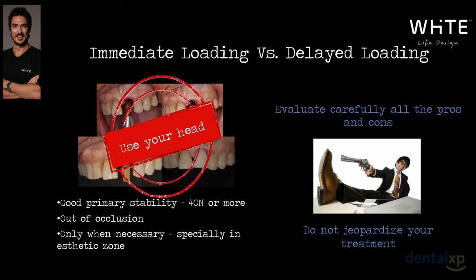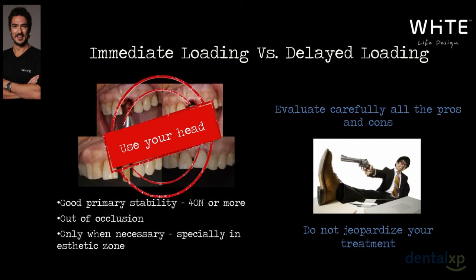If you only have 8 or 9 millimeters of bone, which of course is rare in the aesthetic zone, and you have a narrow-body platform implant, maybe you might want to wait a little before you load that implant. So once again, you have to use your head. There's no better judgment than your own feeling of how strong your insertion torque was, and whether you can trust that this implant will be successful.